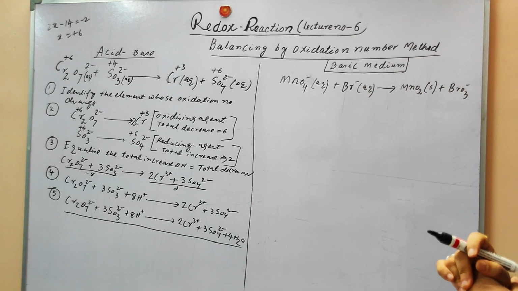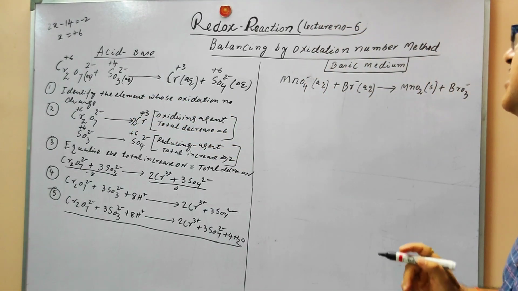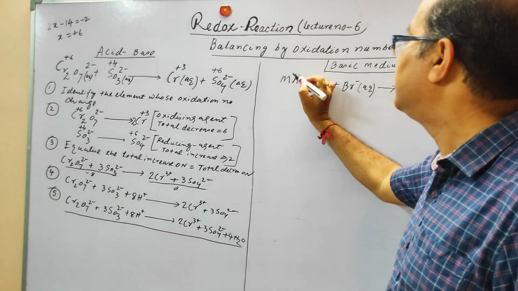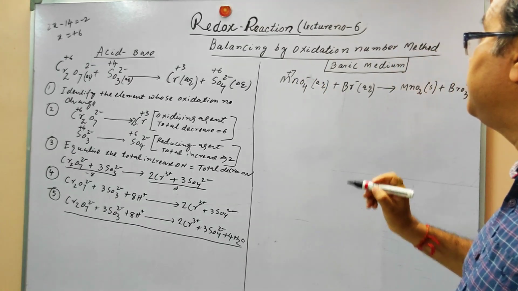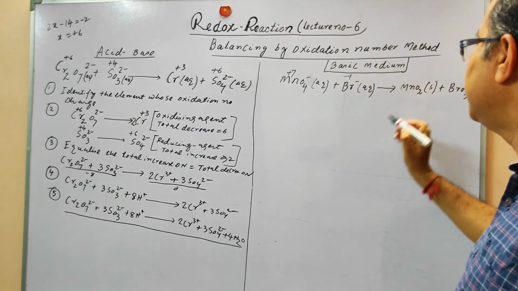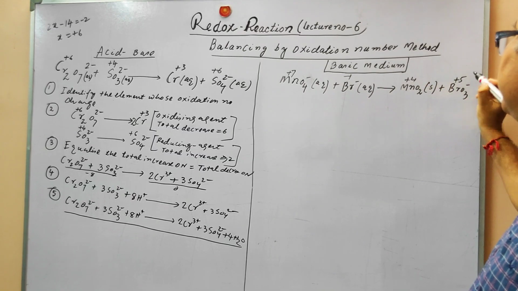So first what we will do, the same thing: we have to identify the element whose oxidation number has changed. Here we have to calculate the oxidation number. We will find the oxidation number of manganese is +7 and bromine is -1. Manganese becomes +4 and bromine, you calculate, becomes +5.